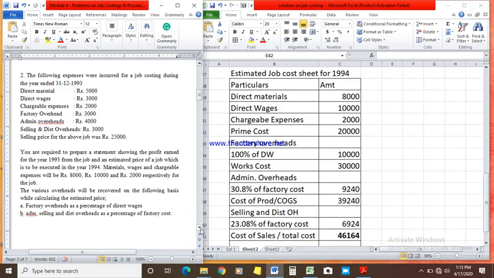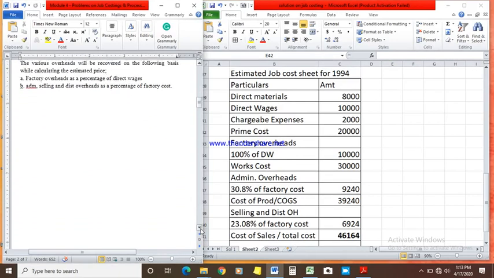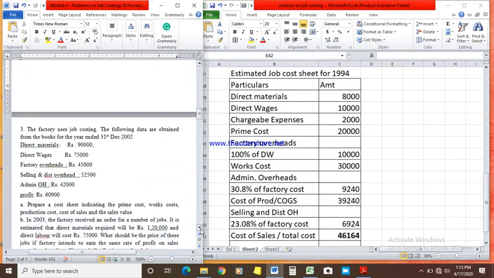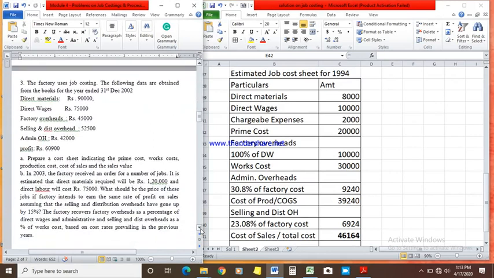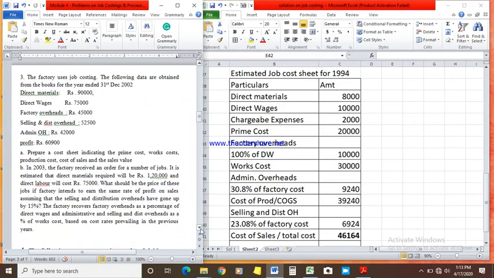So let's move on to the third problem. Now in the third problem, again the requirement is preparation of a job cost sheet. The factory uses job costing.